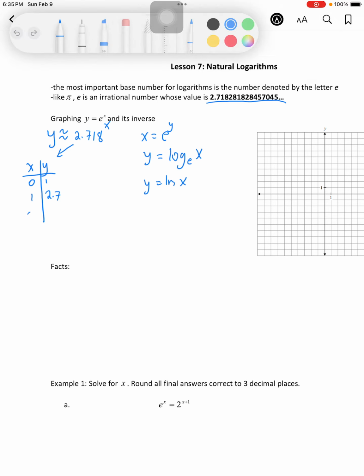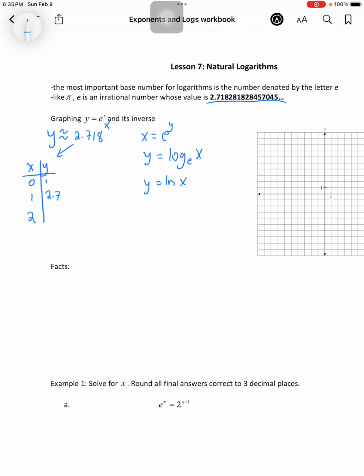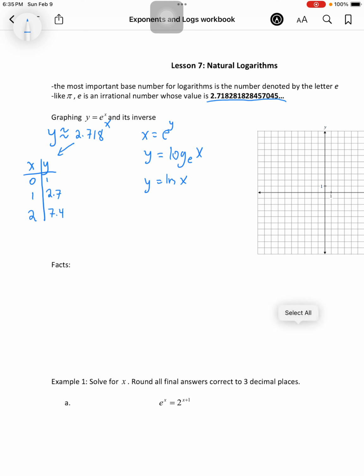And if I plugged in 2, roughly that's going to be about 7.4. And then for the inverse, all you do is switch the x and y values. So instead of 0, 1, it's going to be 1, 0. Now it's going to be 2.7, 1, and 7.4, 2.